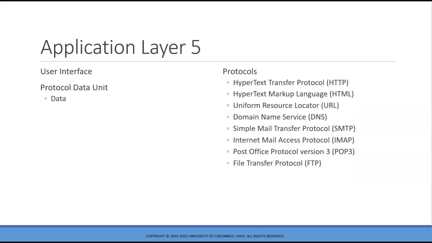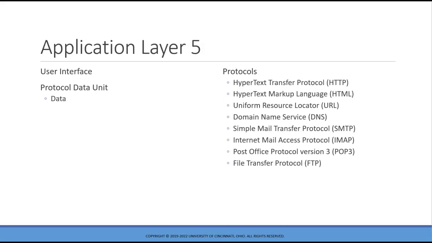The application layer is where users interact, such as where you use a web browser to contact a web server. The Protocol Data Unit, or PDU, at Layer 5 contains control information, and user data is called data.